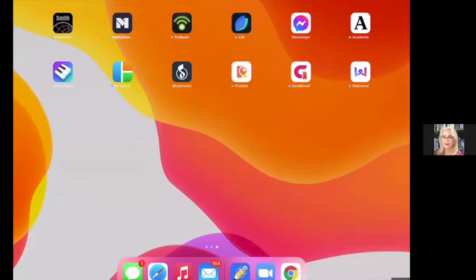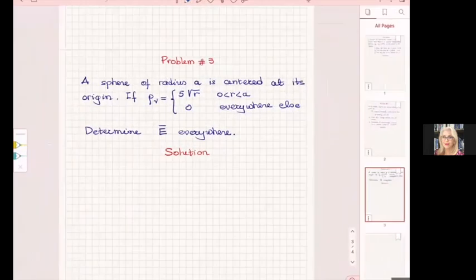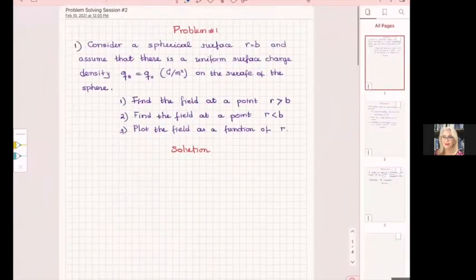All right, sounds good. So I have three problems that I have created. You see them here. One problem is conceptually the most difficult.